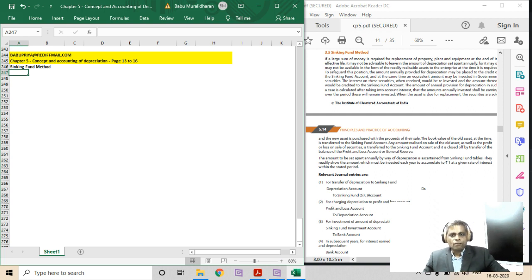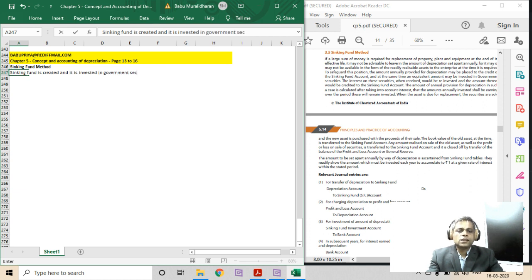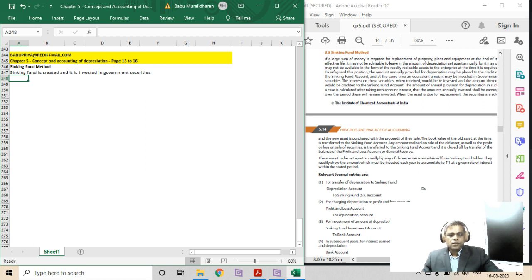In the sinking fund method, a sinking fund is created and it is invested in government securities. The purpose is that the investment will earn interest, and that interest will be reinvested again along with the depreciation.